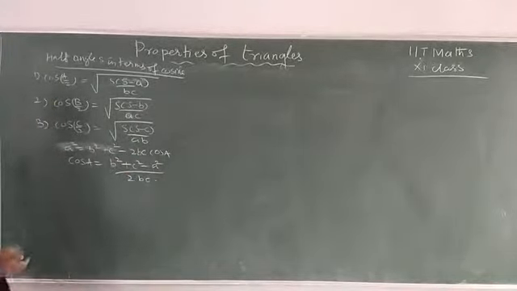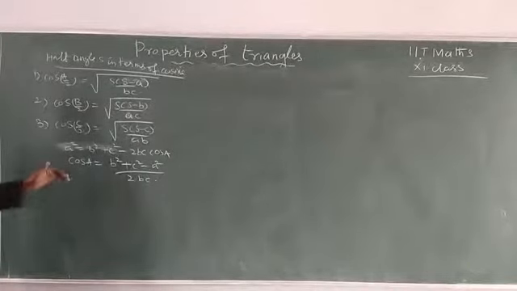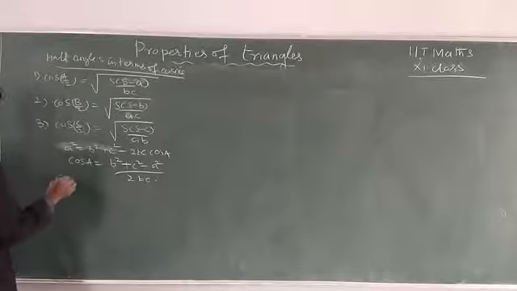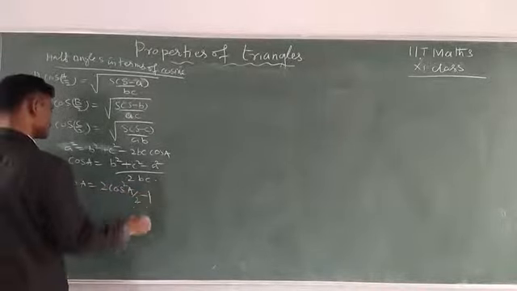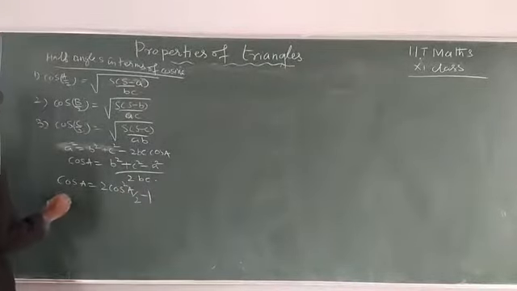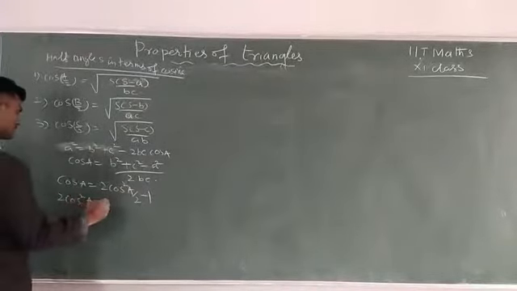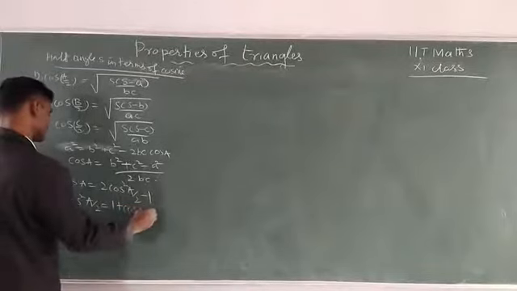Actually cos A in terms of submultiple angles, cos A is equal to 2 cos square A by 2 minus 1. Now this one on the other side, 2 cos square A by 2 is equal to 1 plus cos A.